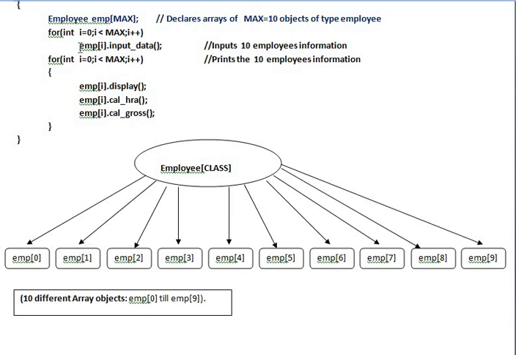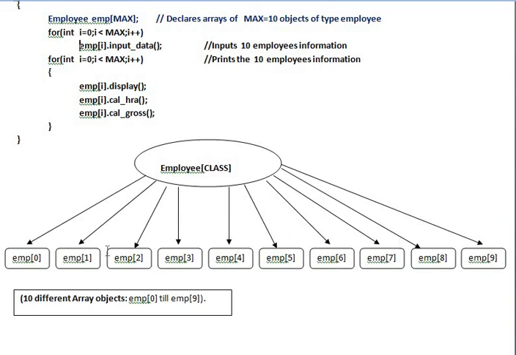In a similar way, the for loop is going to iterate again and again, and the value of i is going to increase each time. Next time the value of i is going to be 2, then 3, 4, 5, 6, 7, 8, and finally the value of i is going to reach 9.